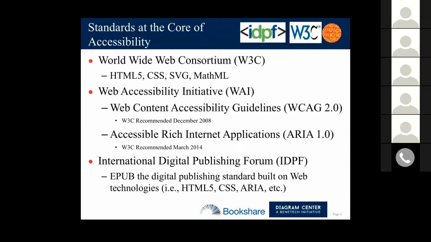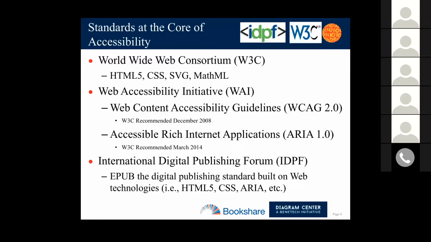Then there's the WAI initiative, Web Accessibility Initiative, which created WCAG. You might have heard that, which stands for the Web Content Accessibility Guidelines. And the current version is 2.0, although they're working on the next version, 2.1, which should be out probably next year.